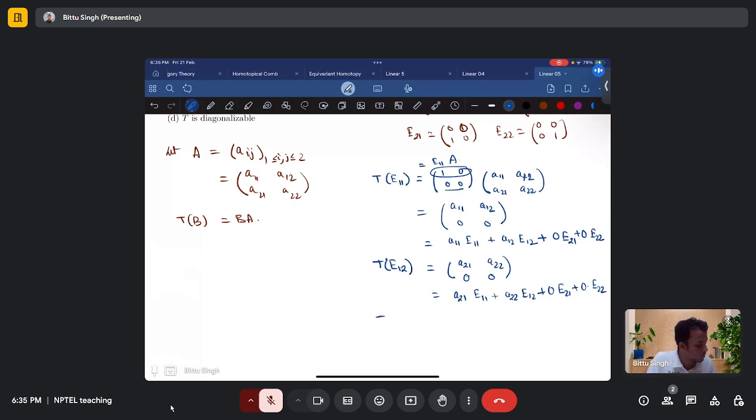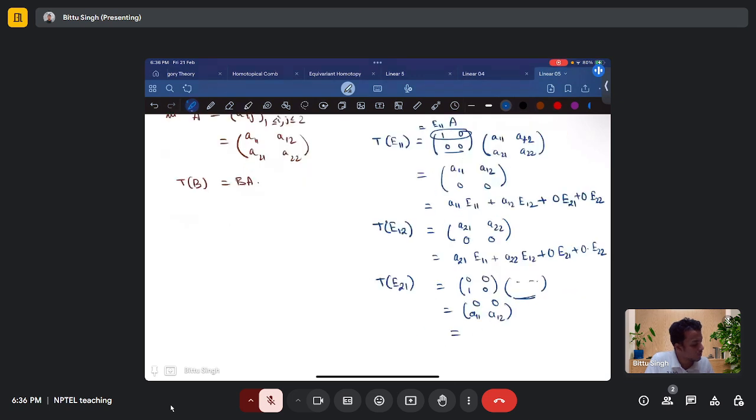And now T applied on E21. This will look like 0 0 1 0 times that same A11 A12. So it is the same as taking the first row of this A. So the first entries are 0. You can see there is no coefficient of E11 because this element is 0.